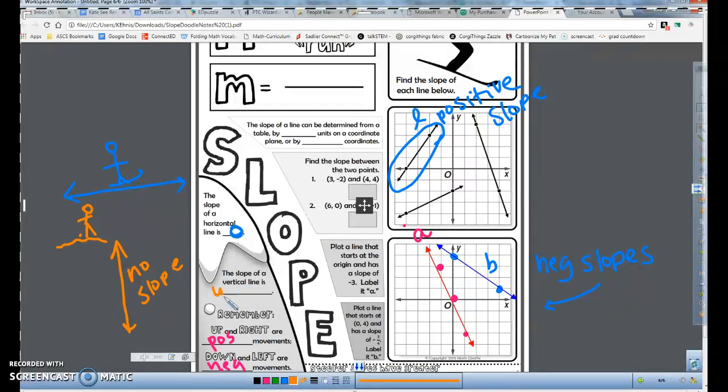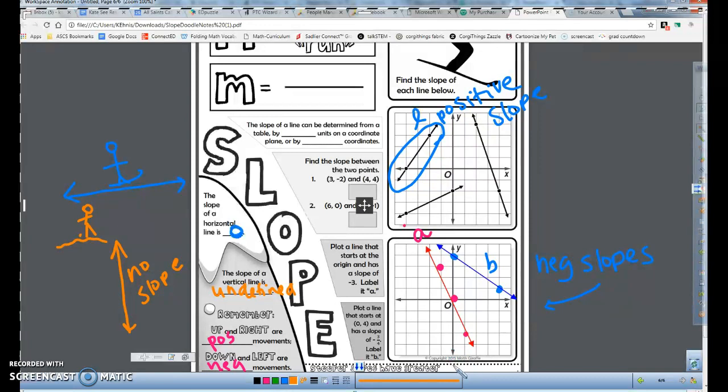Or sometimes we say it's undefined. Okay, so make sure you know what each of these slopes look like. No slope, zero slope, positive, and negative. Because you may have to match them up on a quiz or test.